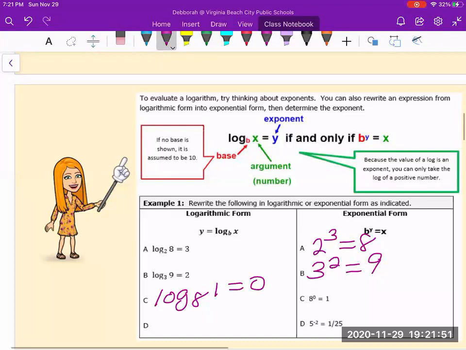Well, our base is 5, so we have log base 5 of our value, 1 over 25 in parentheses, equals negative 2. And if you work that back, 5 to the negative 2 equals 1 over 25.